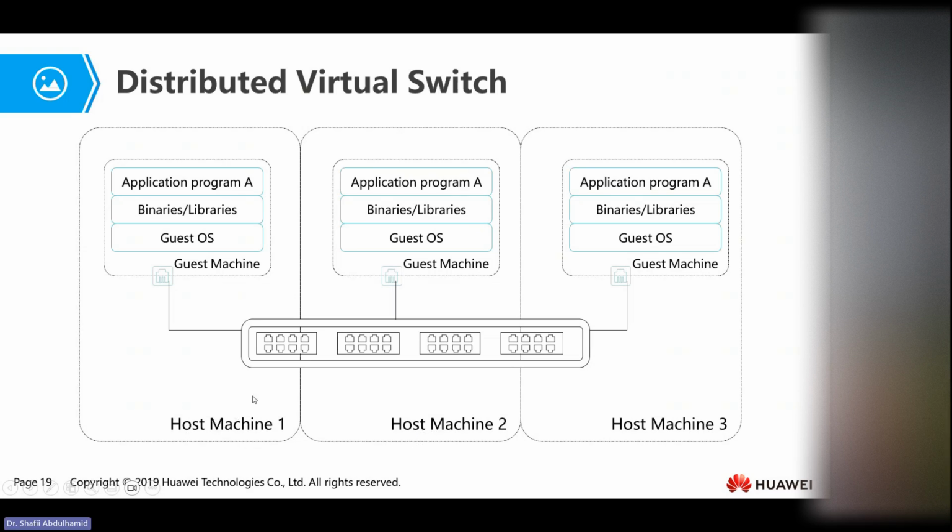So for example, this is a physical machine called host machine 1, this another physical machine, host machine 2, and this another physical machine, host machine 3. So you can have your virtual machines, the guest machines, residing on different distributed virtual environments of different host machines.